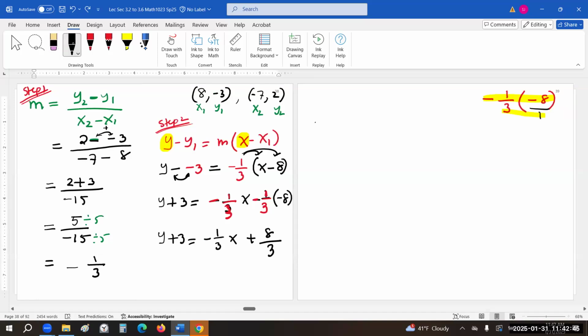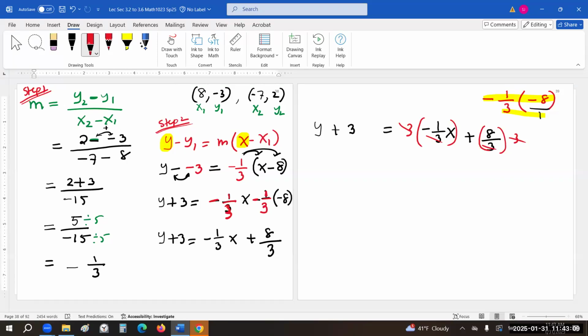y plus 3 equals negative 1/3 x plus 8. We definitely want to multiply this by 3 because we want to cancel this 3. We also have to multiply this by 3 because we have to cancel the 3.